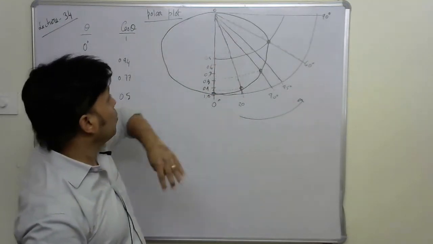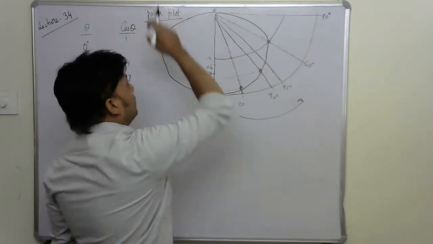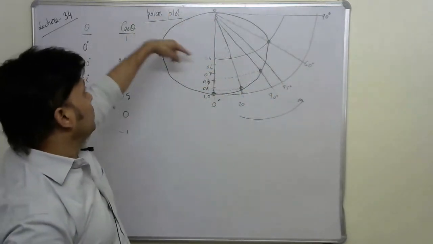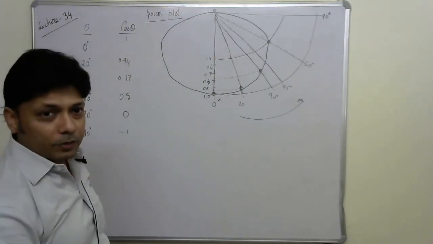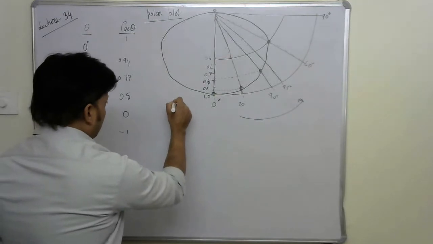Okay, so when we go beyond 90 degrees up to 180 degrees, we will have another circle over there. As a result, we get the polar plot something like this.